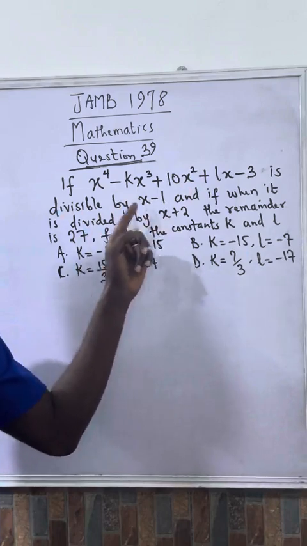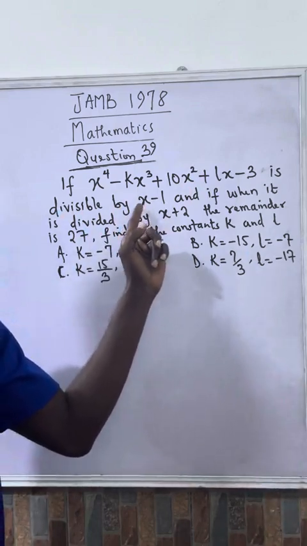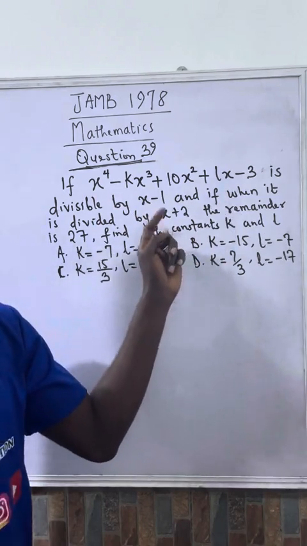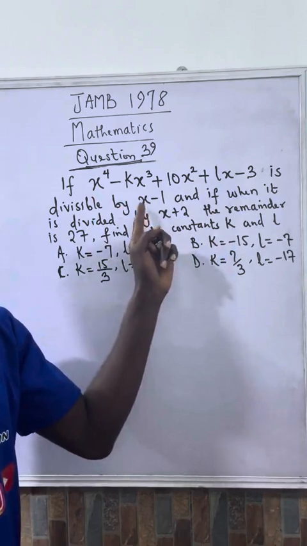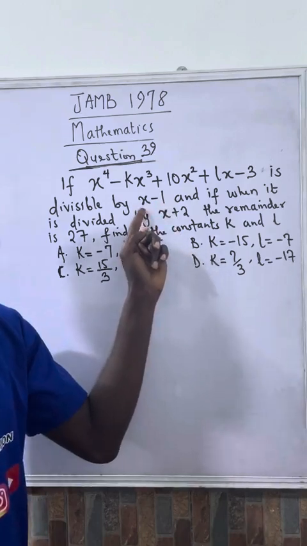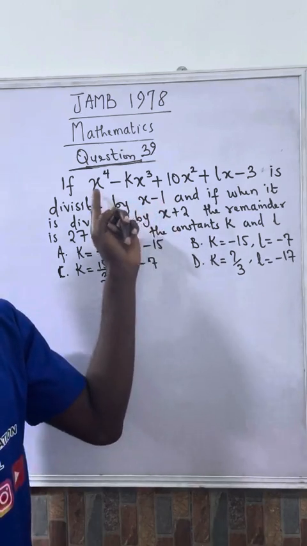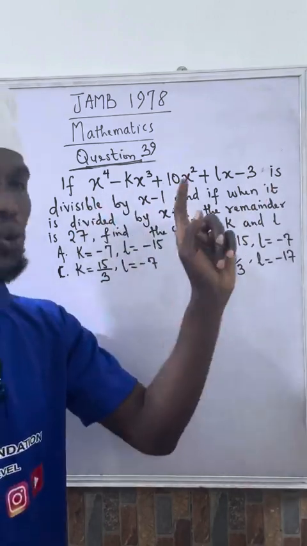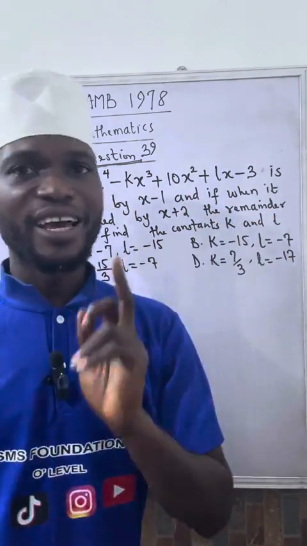So if it is divisible, it means if you divide, you will have no remainder. So if you set x minus 1 equal to 0 to get x as 1, and put 1 inside this equation, it must give you 0. That's the first thing that you need to apply here.